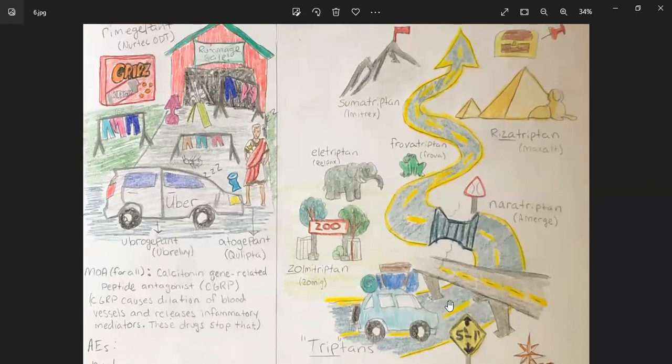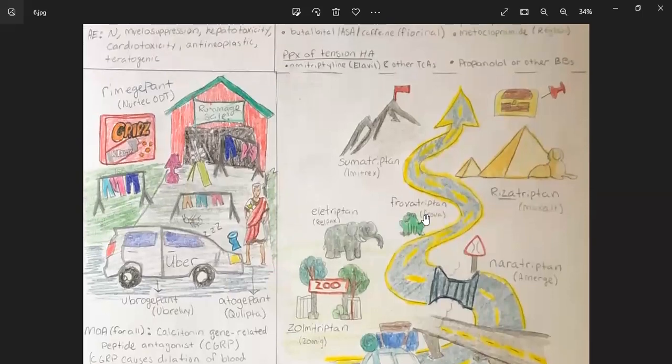So this car is traveling along, it's going on a trip, and it first comes across this really narrow bridge. So narrow for naratriptan. And then as it emerges on the other side, they come across a zoo for zolmitriptan. And then at the zoo is an elephant for eletriptan and a frog for frovatriptan.